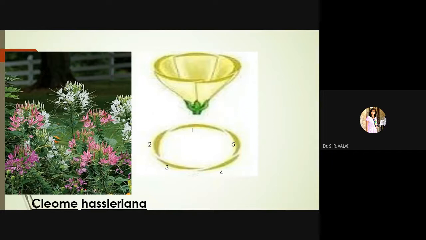Next estivation. So here you can see in case of this imbricate estivation what we have to remember, right? The thing you have to remember is, now here is sepal number 1. This is sepal number 1, just concentrate on it, and sepal number 4, just concentrate on this, right?